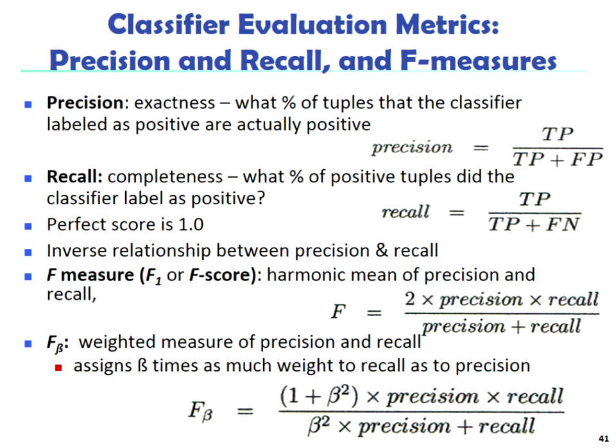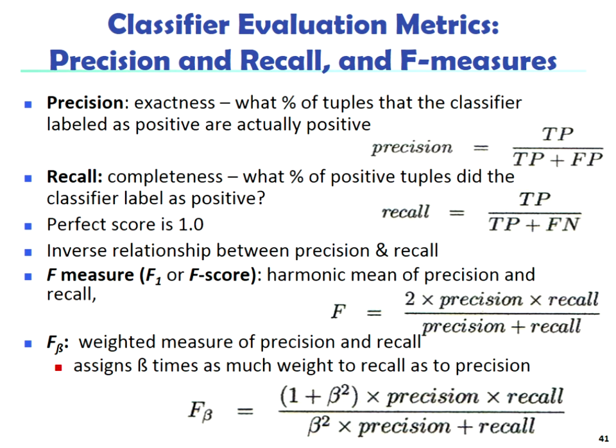Also, there are other measures that can be used when we want to evaluate a classifier, especially precision, recall, the F measure, etc. Precision, or exactness, is the percentage of tuples that the classifier labeled as positive that are actually positive. So precision equals TP divided by TP plus FP.